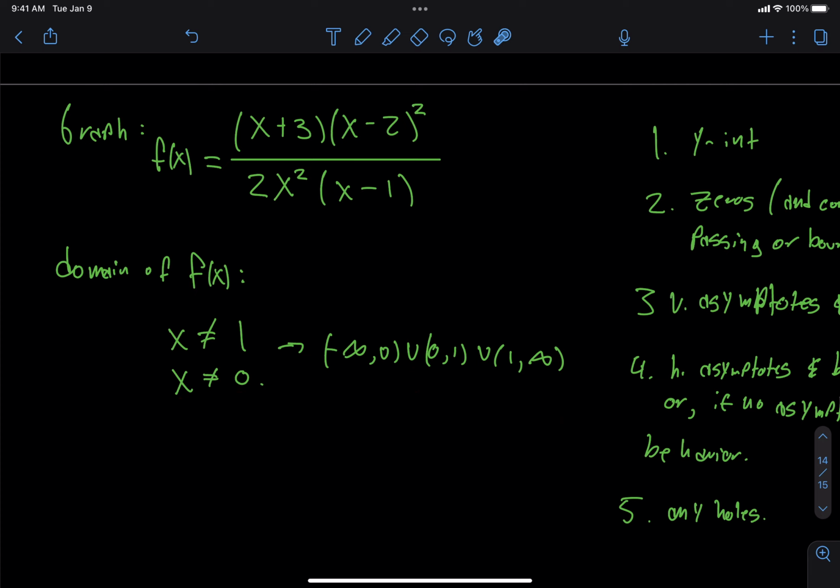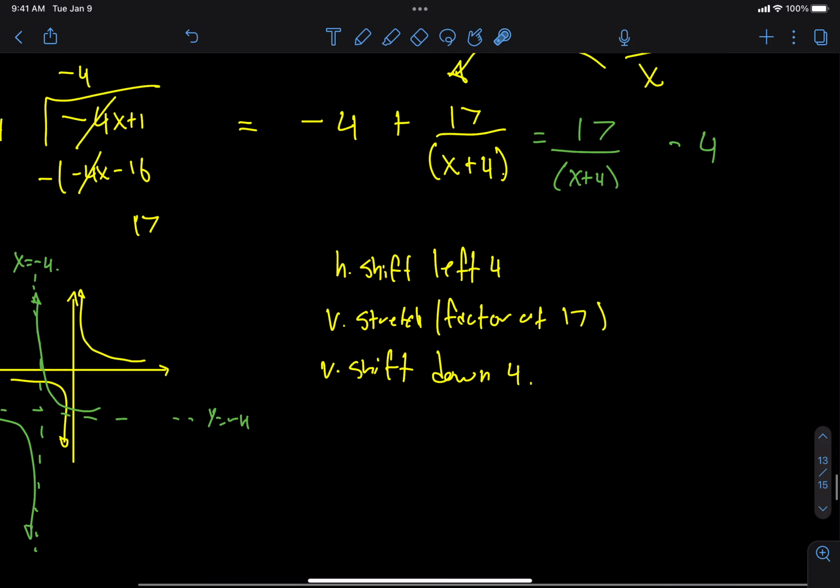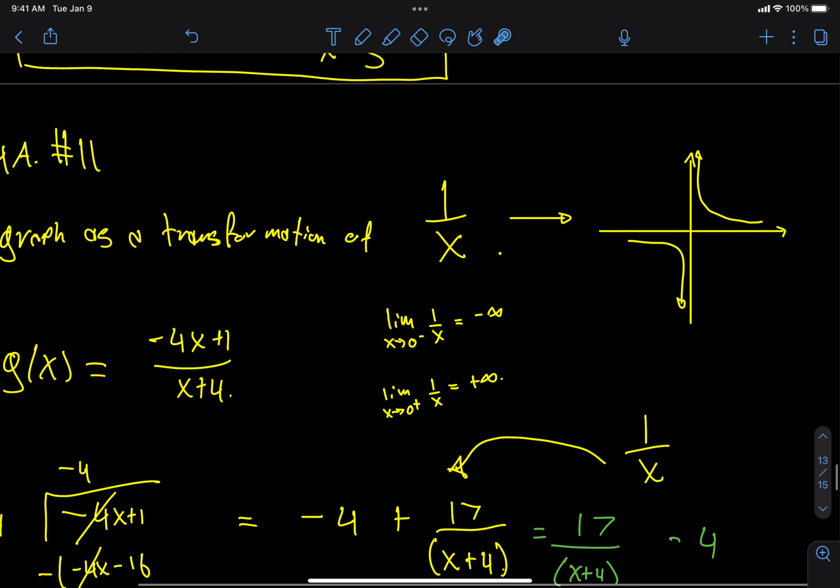And actually, not only are these values not in the domain of the function, they're also going to cause us to have some really wacky behavior. Because when the denominator gets really close to 0, this function is going to be doing crazy things, right? Kind of like how 1 over x does something crazy.